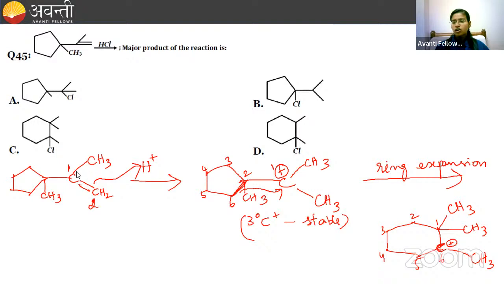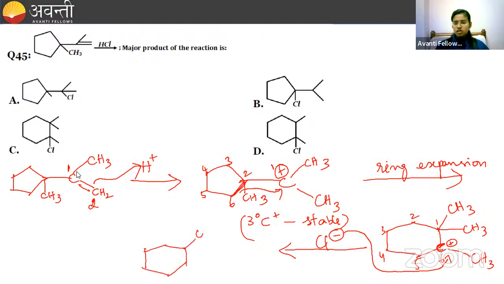So finally I have got a carbocation in the 6th carbon. Since I am breaking this bond, the carbocation will be formed at the 6th position. So now the Cl minus will come and attack this carbocation, leading to the formation of this product.